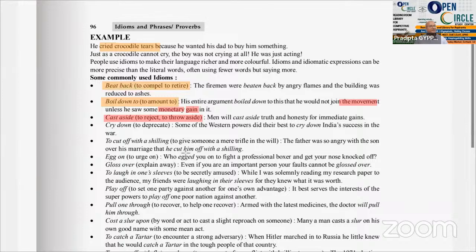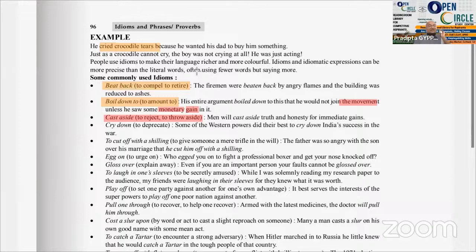That means that the man will forget about honesty and truth to gain money. Immediate gain means immediate profit. So for getting immediate profit, people forget, reject truth and honesty.